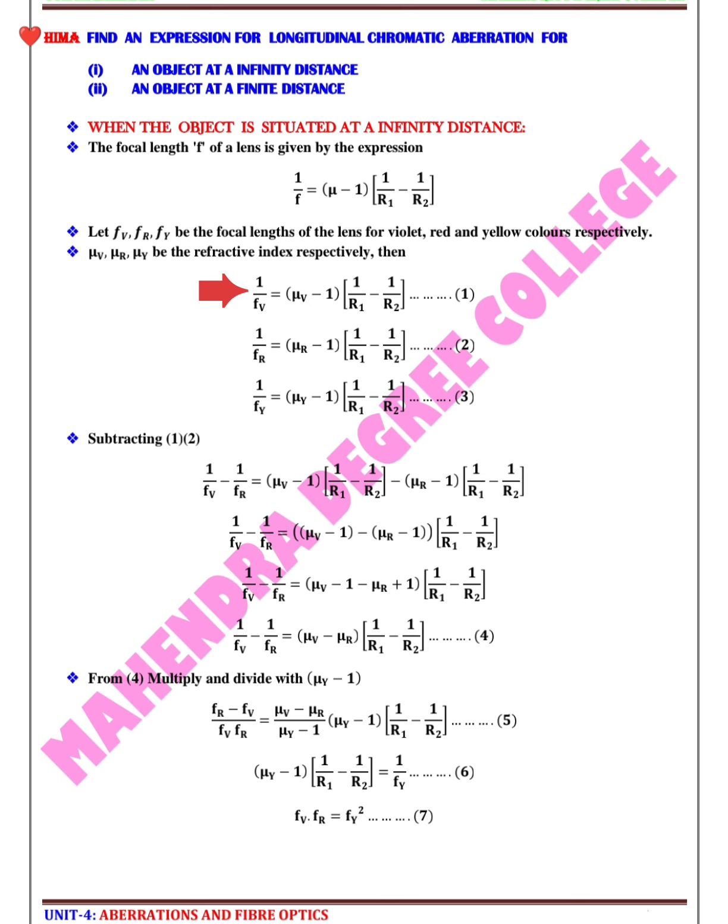This is equation number 1, where FV represents the focal length for violet light, mu V represents the refractive index for violet light, and R1 and R2 are the radii of curvature of the lens surfaces.